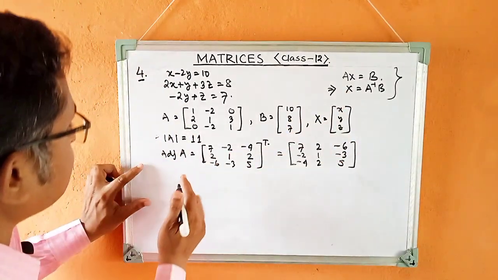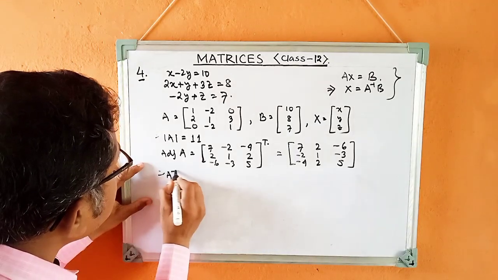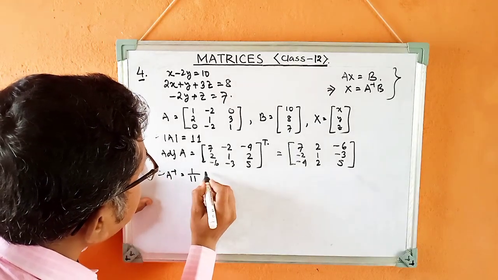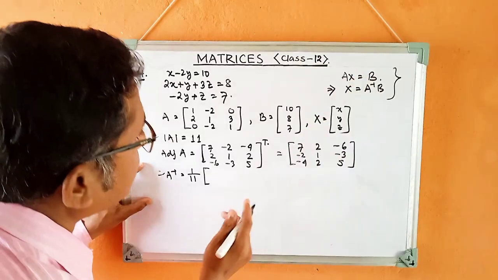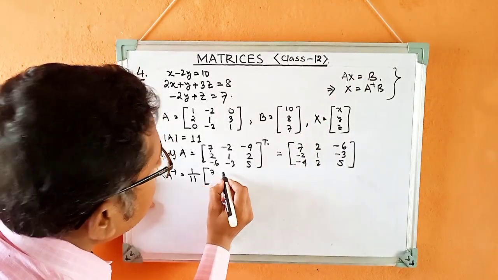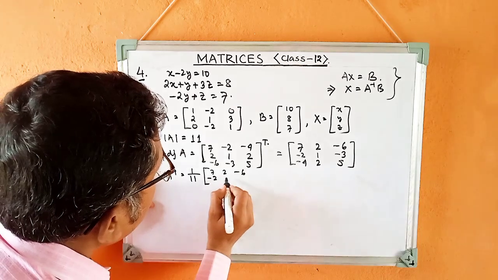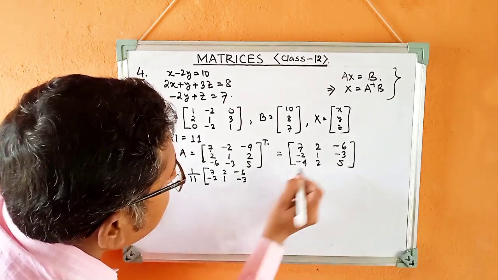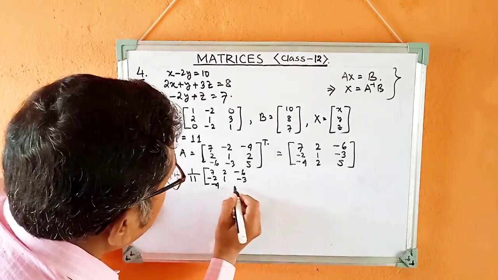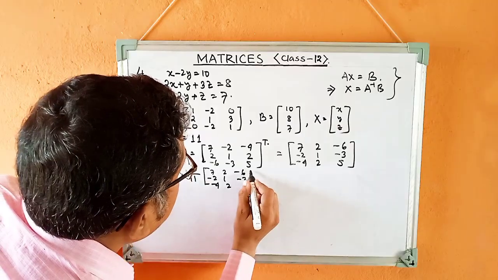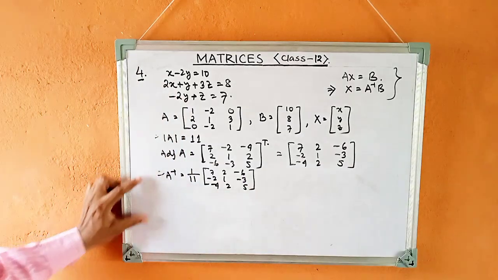Next, A inverse. Therefore A inverse is equal to 1 by determinant A, that means 1 by 11 into adjoint A, that is 7, 2, -6, then -2, 1, -3, then -4, 2, 5. Then we get the A inverse.